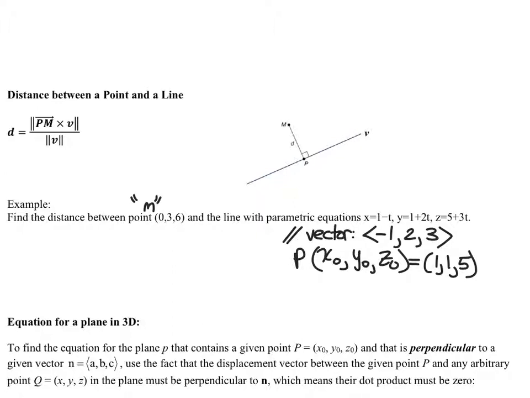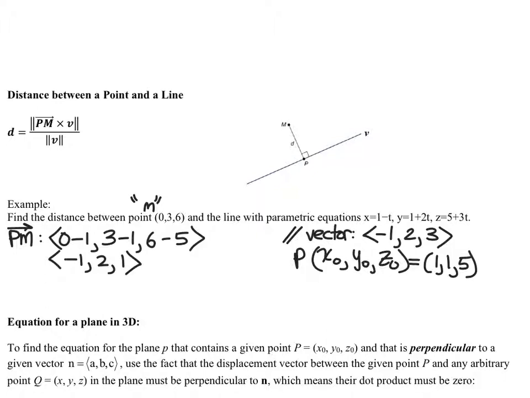I need the displacement vector P to M, which once you have everything labeled isn't bad. We're pinning it at P. We're looking at 0 minus 1, 3 minus 1, 6 minus 5, which gives me negative 1, 2, 1.